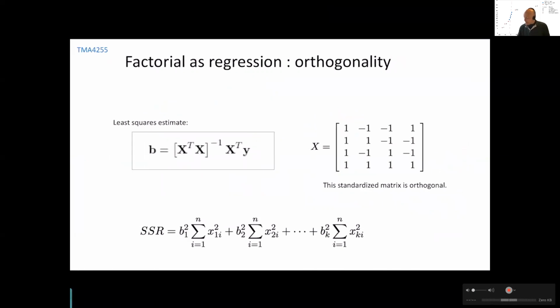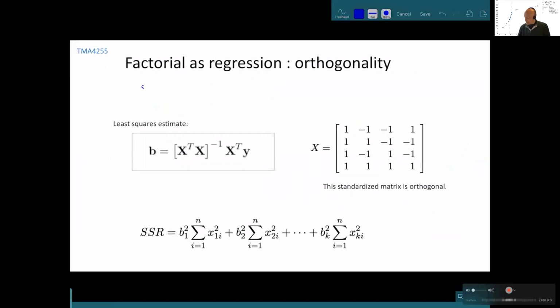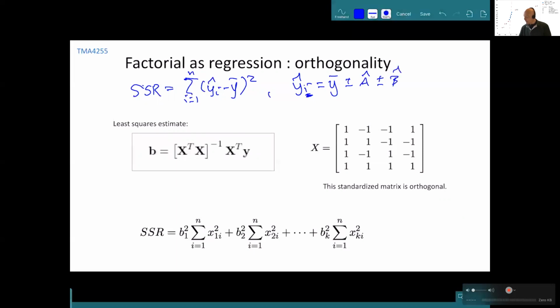So remember that SSR is computed as the difference between y hat and y bar, so the regression difference compared with the mean. And in our case, this prediction is then given as y bar, and then either plus or minus, depending on the design combination of factor A, and then either plus or minus, depending on the design combination for B, of b hat, etc.